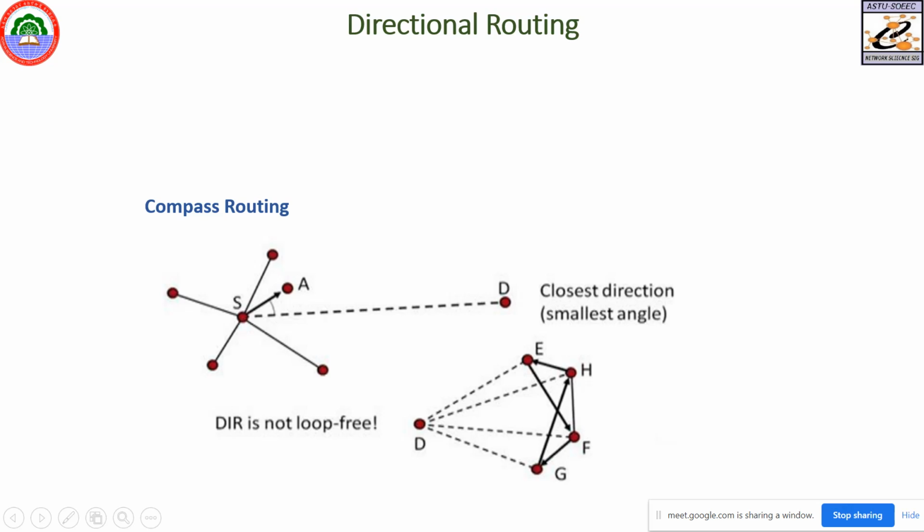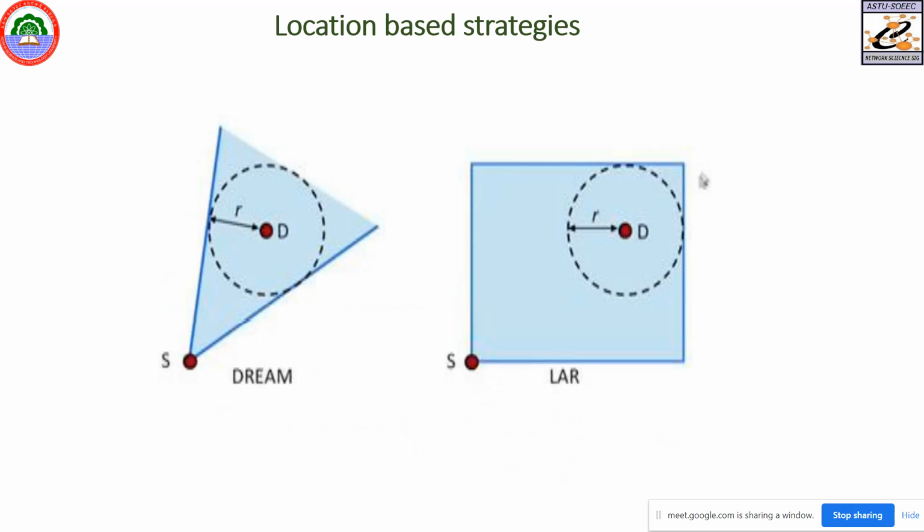In directional routing. So let us go for two protocols which work on the location based approach along with what we discussed here. These location based strategies again have an angle itself. DREAM and LAR are the two protocols which follow the flooding based strategies.